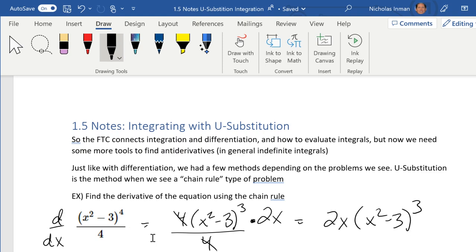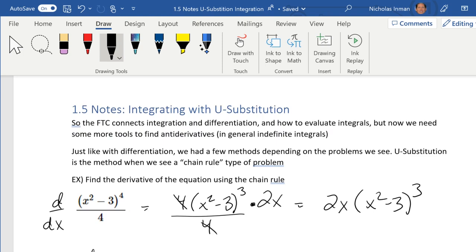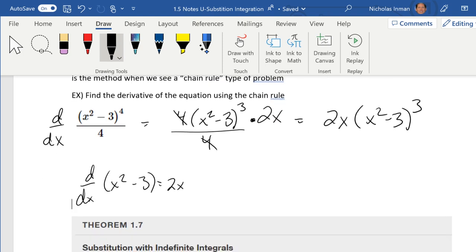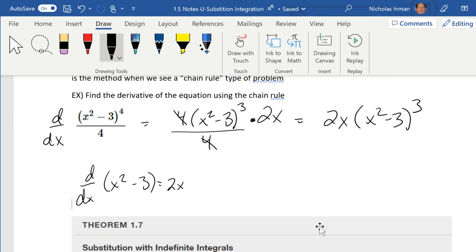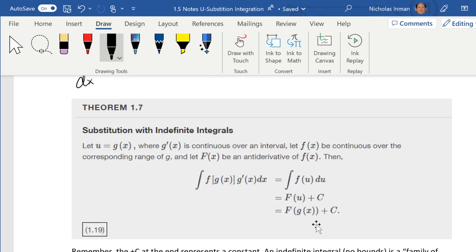I kind of see a little bit of a structure. I mean, the 2x or that x squared minus 3 is in there. But to be able to go from this to this, go backwards, that antiderivative, well, we kind of need some help. And when they're nested together like that, a composition of functions, we need some help.